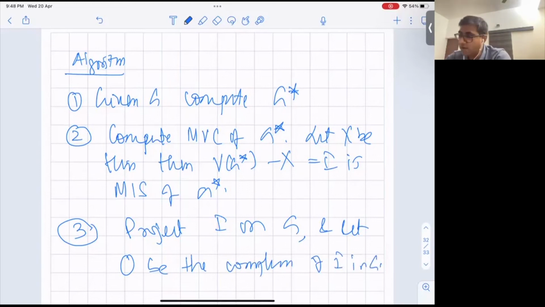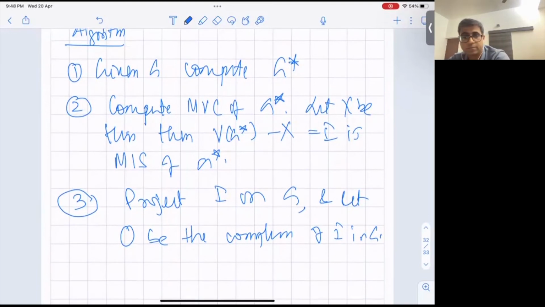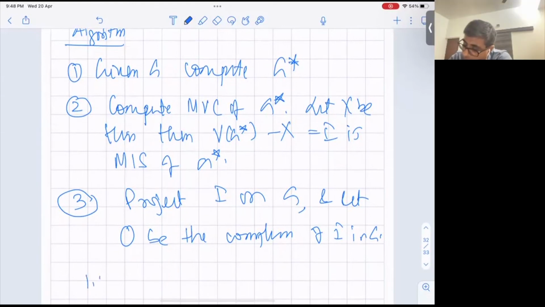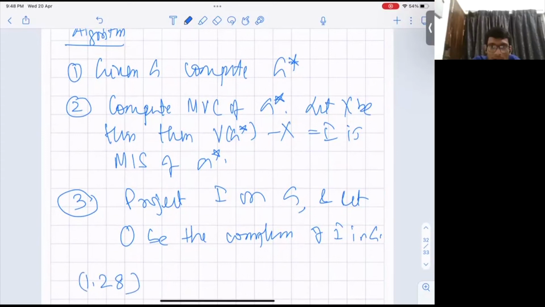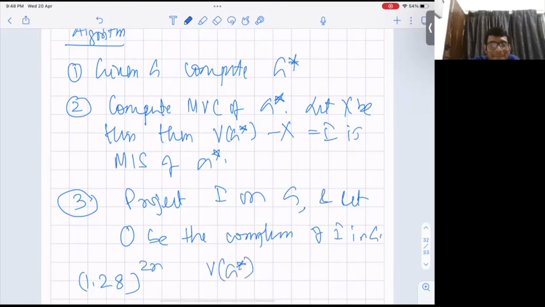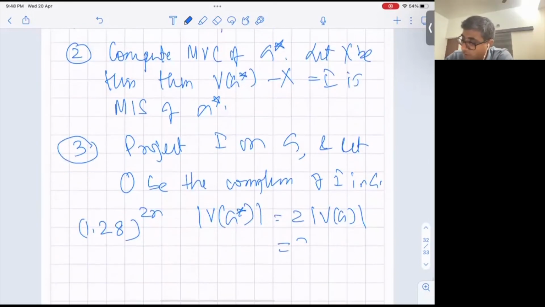So what is the running time of this algorithm? The vertex set of G star is 2 times the vertex set of G, which is 2n.